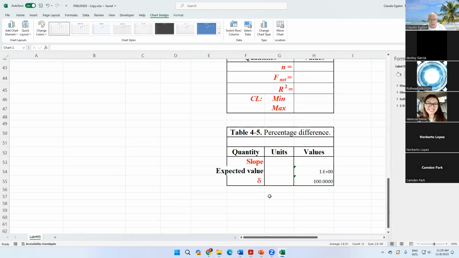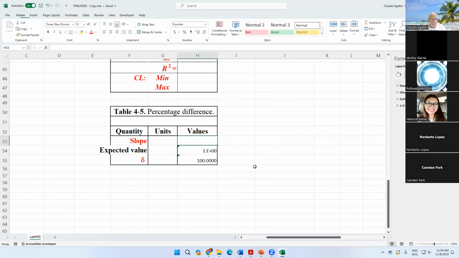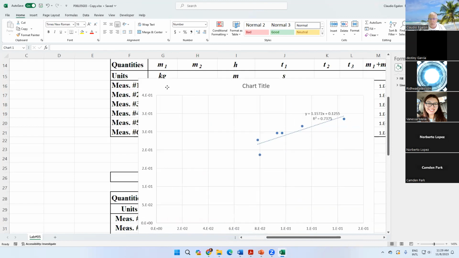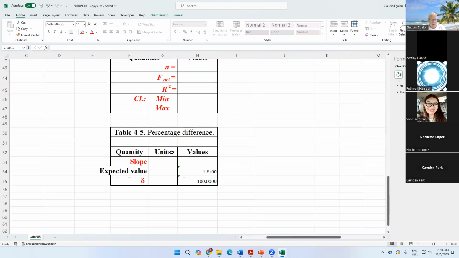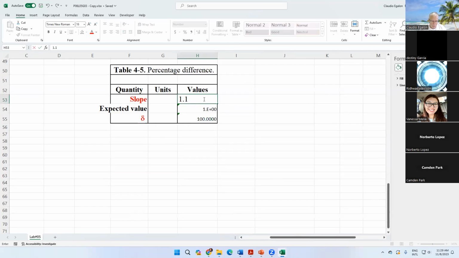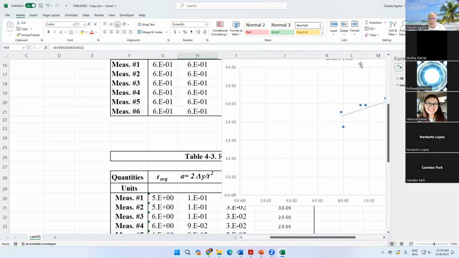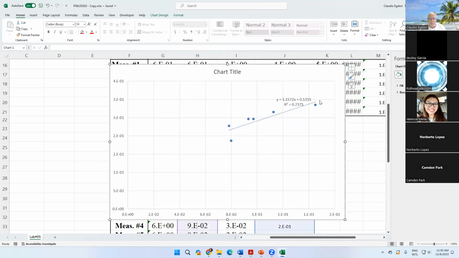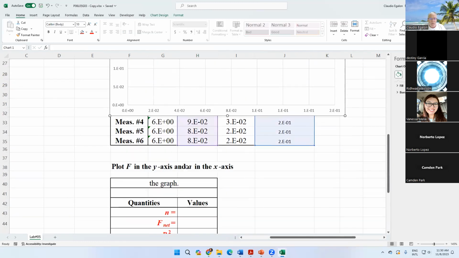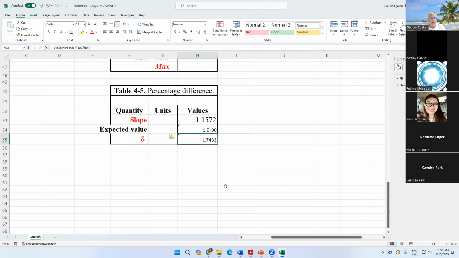You have to put the expected value for the slope right in here, 1.15. 1.1572. See, I get only 1.74%. Even though the R square is small, even though you have that outlier that interferes with the straight line, you still get a very good percentage difference, only 1.74%.